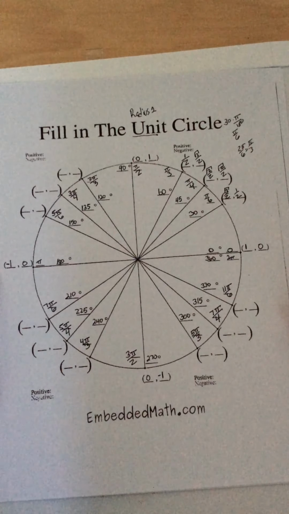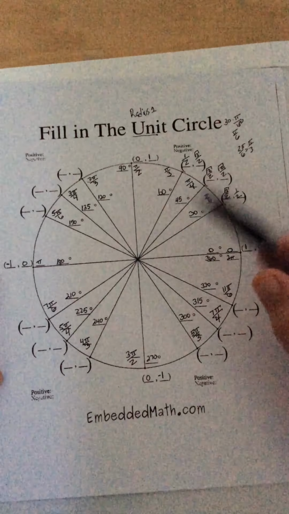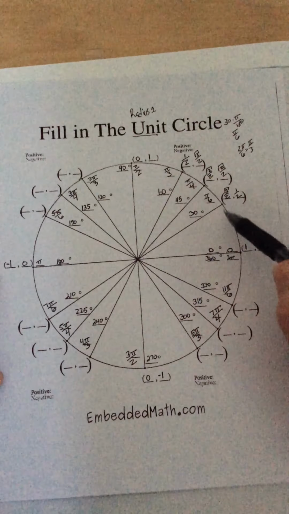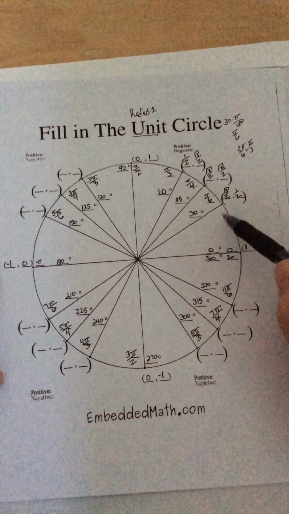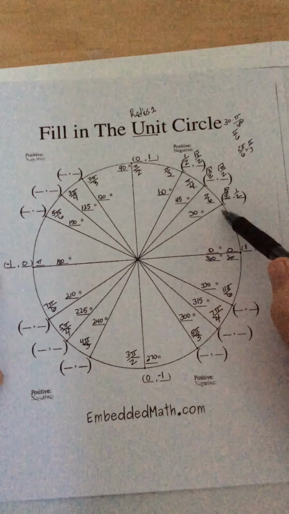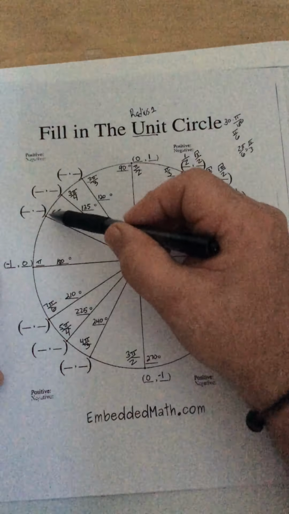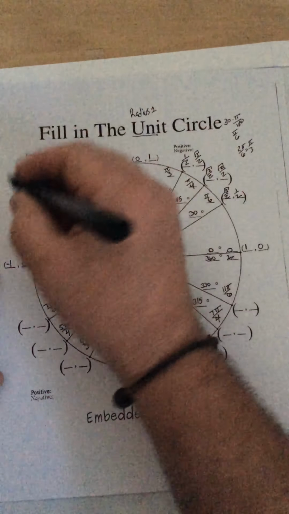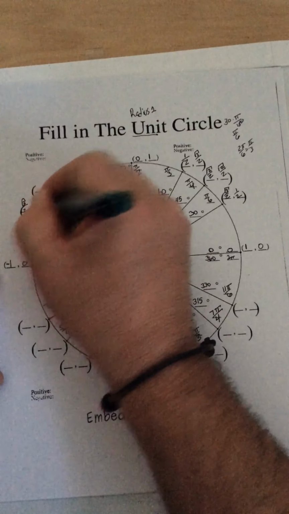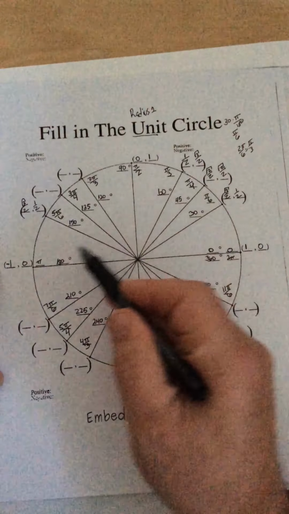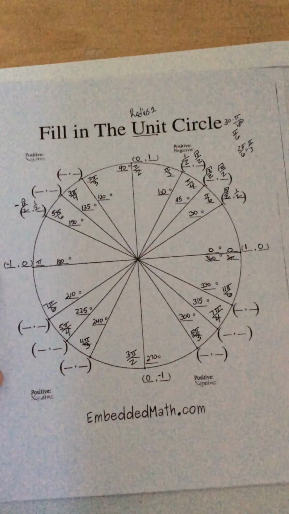Now I actually know all of my other coordinates because if I draw that triangle like we showed on a previous video, this triangle here is the same as this one right here. So that's going to be root 3 over 2 and 1/2, but since I'm in quadrant 2, the x value needs to be negative.